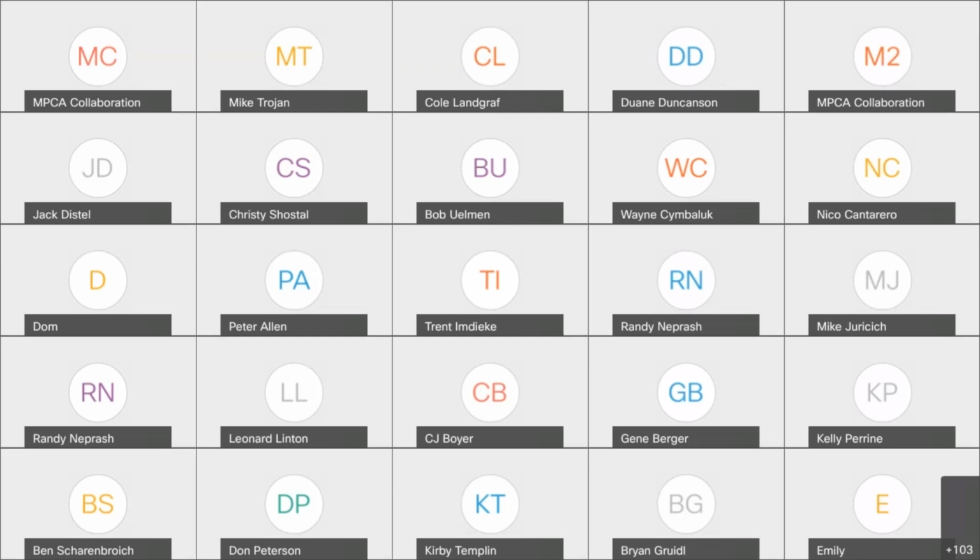Some TMDLs took a very broad view of what should be included in the drainage areas. So some of those large scale ones, if you're in the watershed, you have a waste load allocation, whether you feel that's appropriate or not.